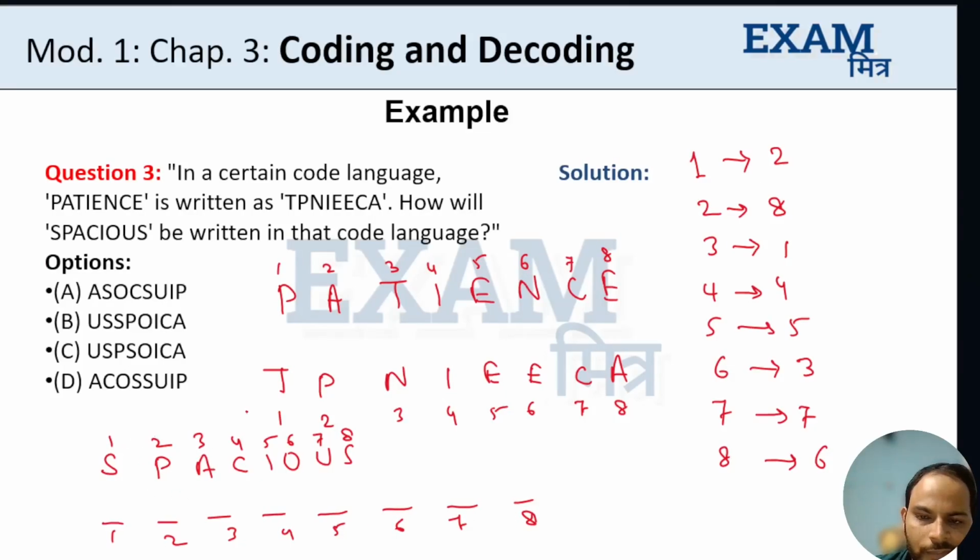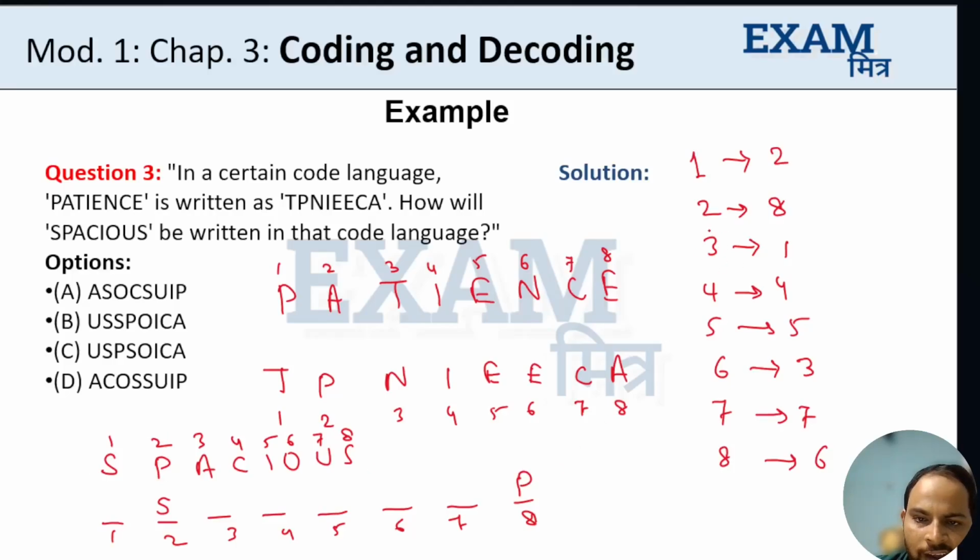Now see, from this coding, the letter at 1 is going to position 2. So this S will come here. The letter at 2 is going to position 8. That means P will be here.